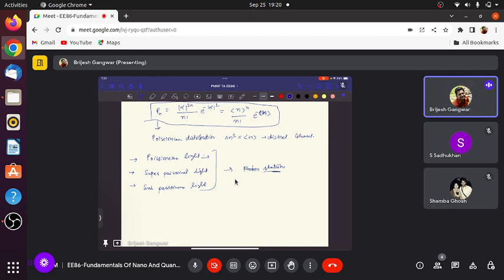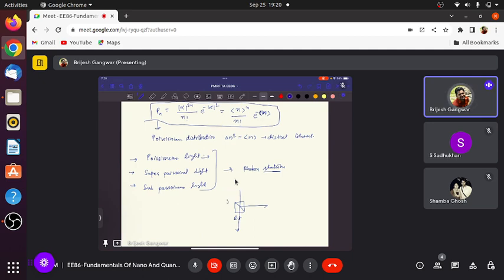For example, there is a beam splitter. Do you know what a beam splitter is? A beam splitter is one where, if you shine some light on it, some of the light will go this side and some will go this side.